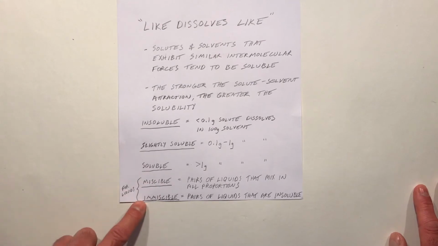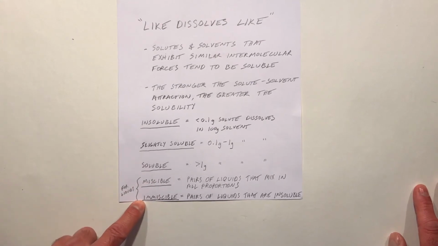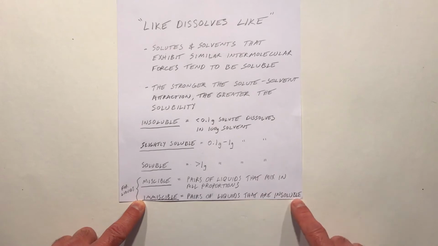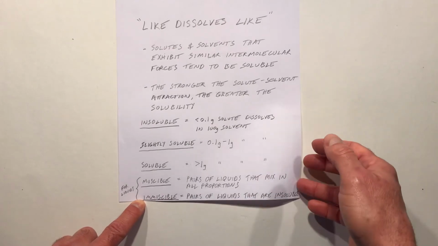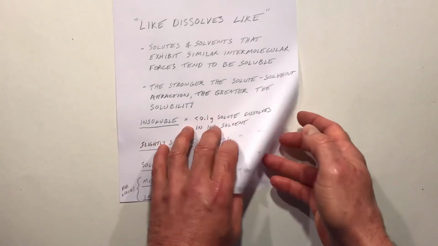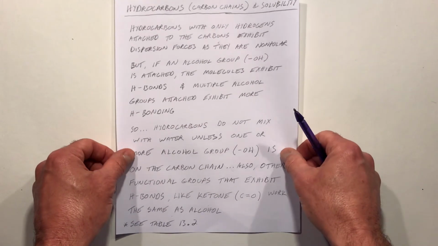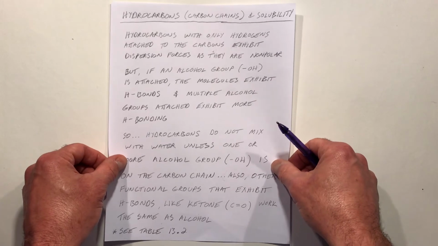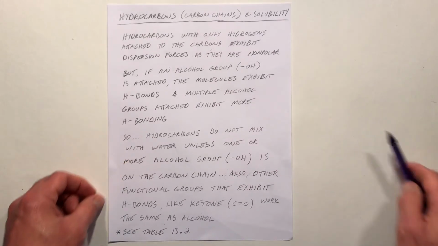And then also for liquids, we can use the term immiscible, which means the pairs of liquids that are insoluble in each other. There's a little bit of confusion around the term miscibility, and it's kind of used slightly differently by people in different professions or different areas. So I don't want to get too caught up into that and what that really means.